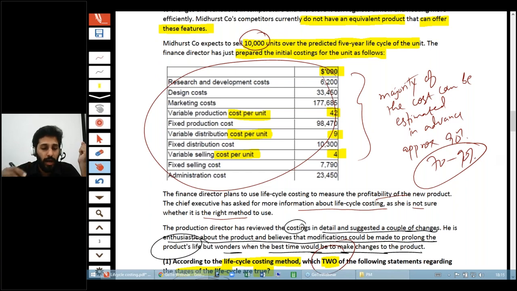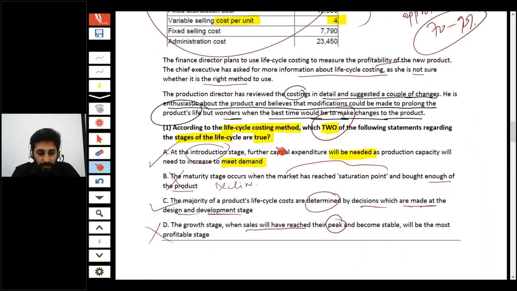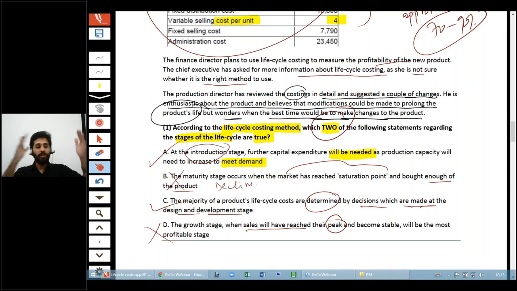That's good. Aurangzeb Imam, your question was: at the introduction stage, further capital expenditure will be needed as the production capacity needs to increase to meet the market demand. At the introduction stage, when my product is being sold, the next stage can be growth.